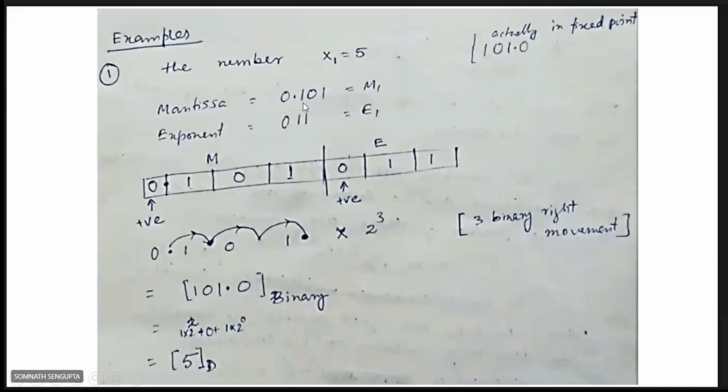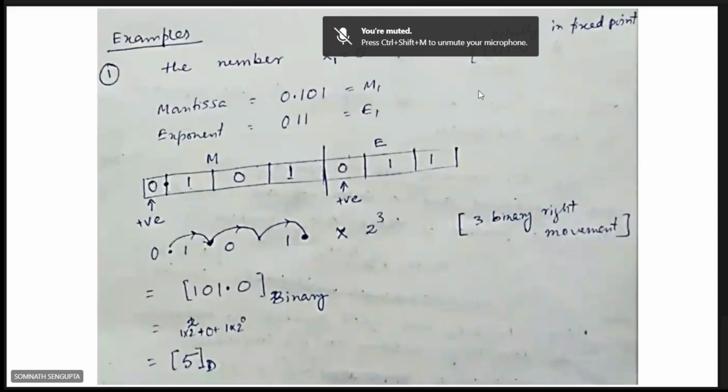Now if you keep it as 0.101, then what number would it be in fixed point? Can anybody tell?